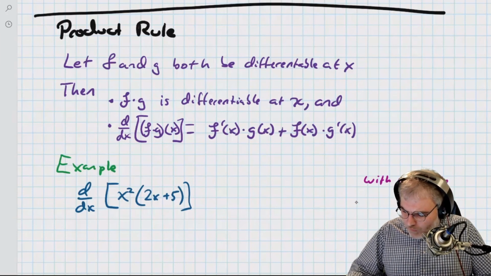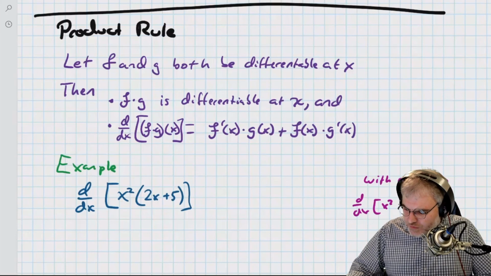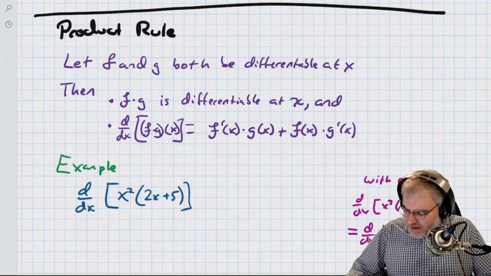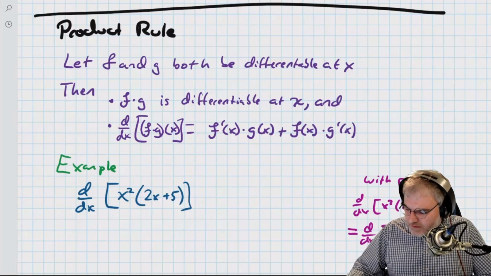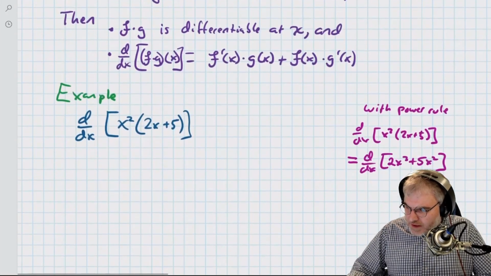So with power rule, d over dx of x squared times 2x plus 5 should equal the derivative d over dx of 2x cubed plus 5x squared.